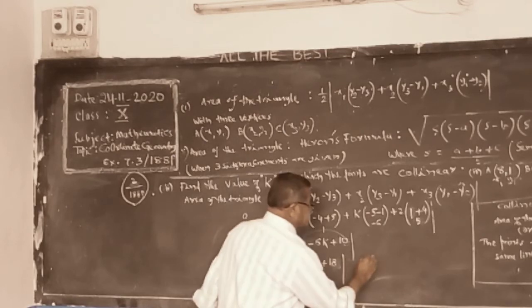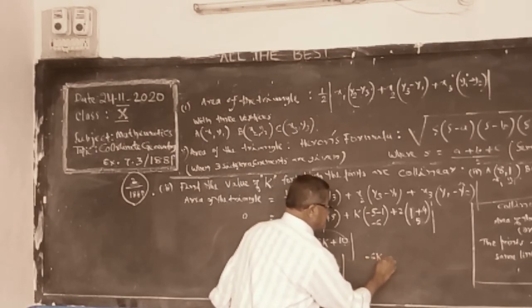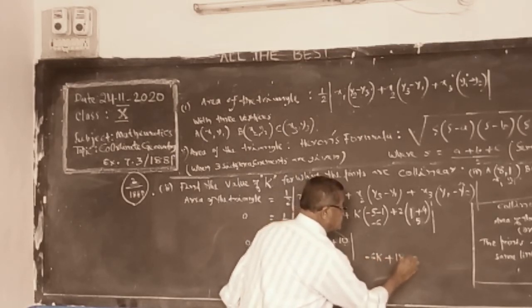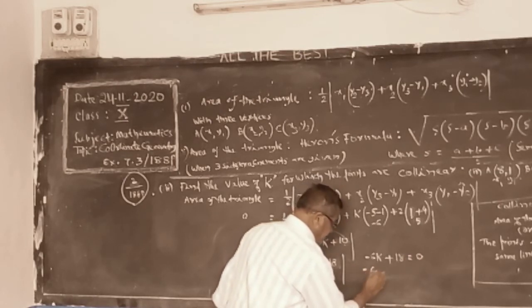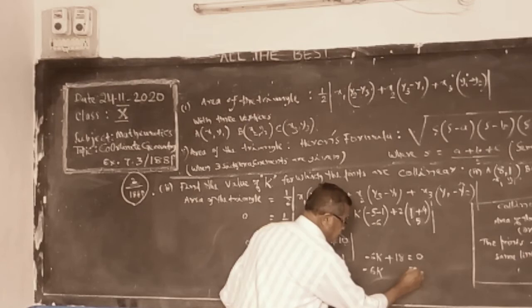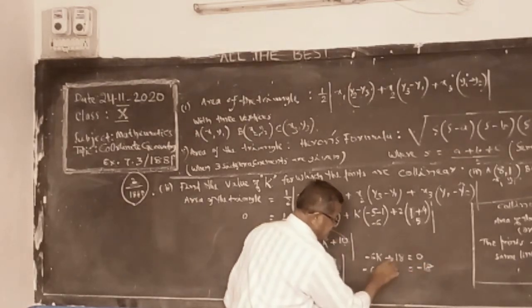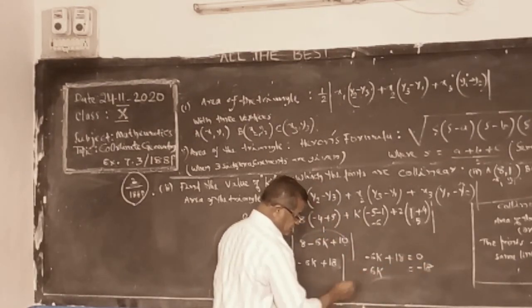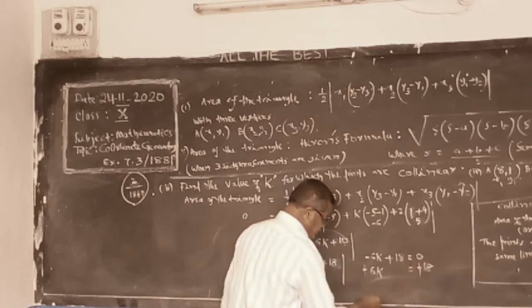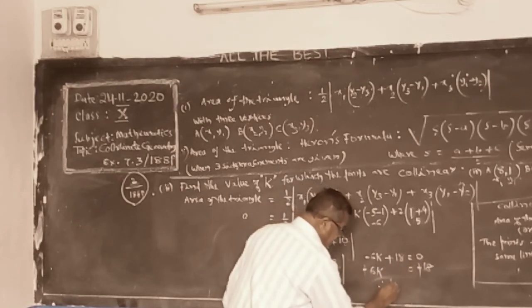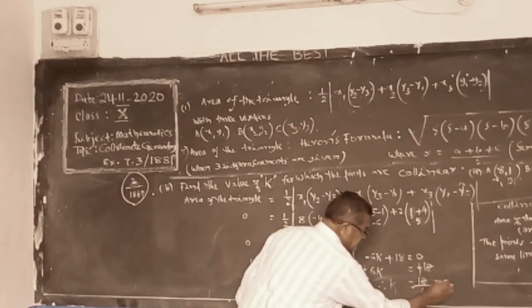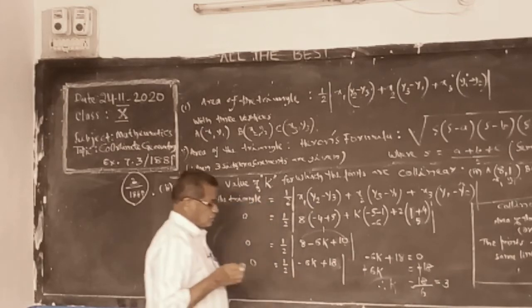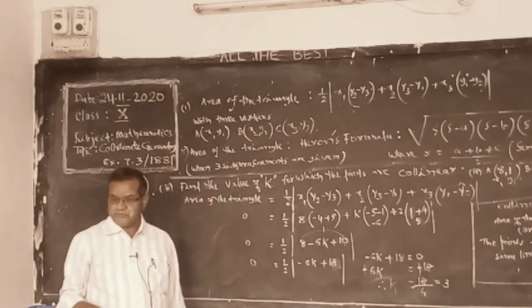So minus 6k plus 18 equals 0. Minus 6k equals minus 18. Therefore k equals 18 by 6, which is 3. So the k value is 3.